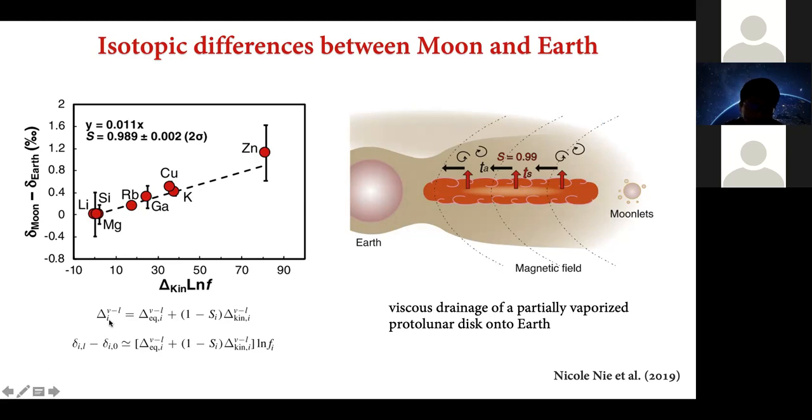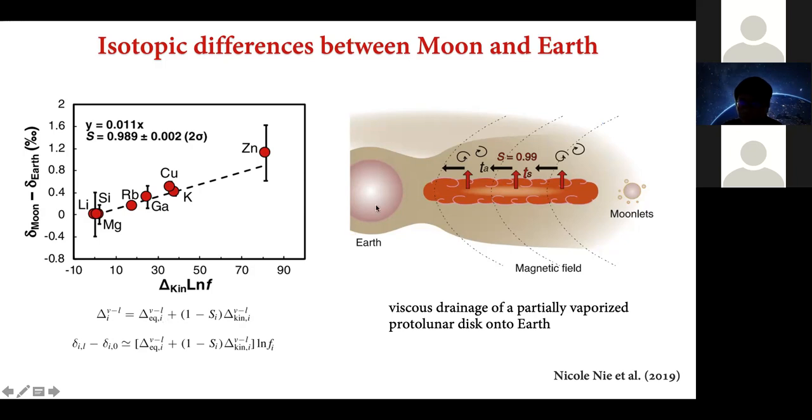Here is the net isotope fractionation. Here is the equilibrium one. Here is the kinetic effect. S is the saturation, the degree of saturation. If S is one, or 100%, it means the net isotope fractionation will be equal to the equilibrium isotope fractionation.